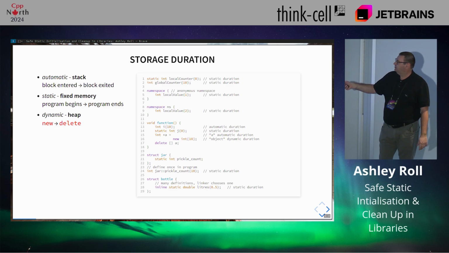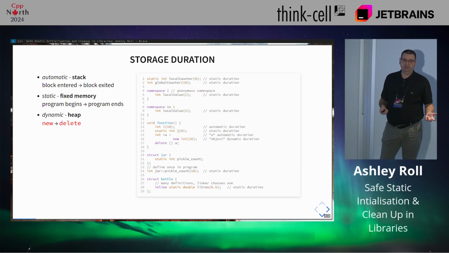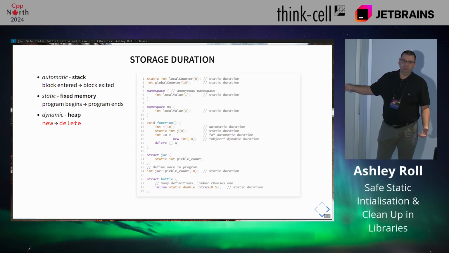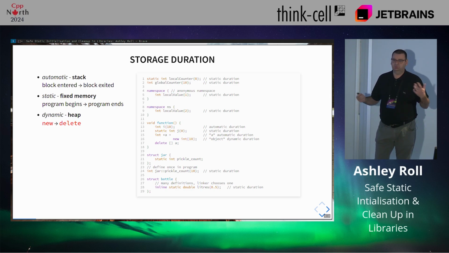For instance, here we've got a local counter and a global counter. We've got things in the anonymous namespace, which is equivalent to being static inside the translation unit. We can have static duration inside a namespace. We can also have static duration inside a function or a block, to be more precise. It could be inside an if block or a for loop or whatever. It's still within a block.